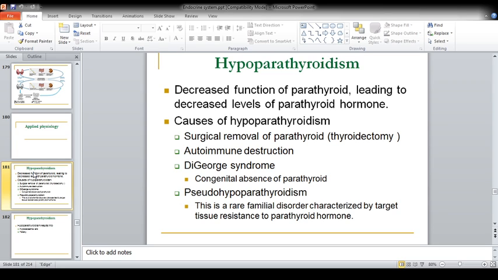So if there is decreased function of the parathyroid gland, it would lead to decreased level of parathyroid hormone. The different causes of hypoparathyroidism can be the surgical removal of the parathyroid gland, because the parathyroid gland is located on the thyroid and it is very small.